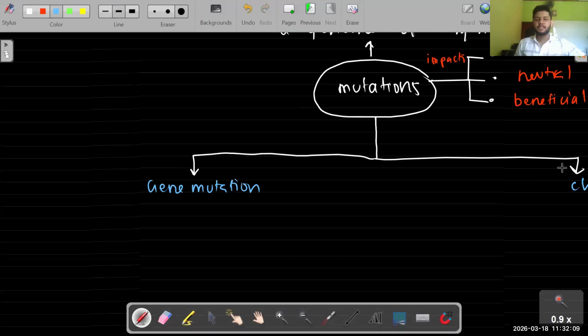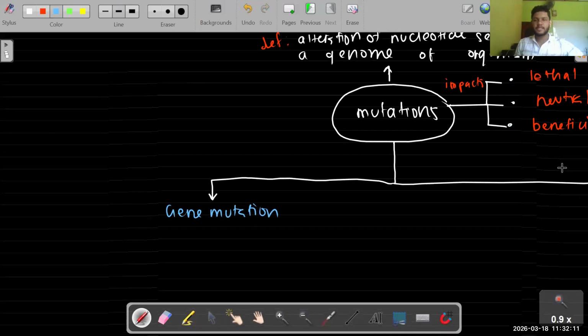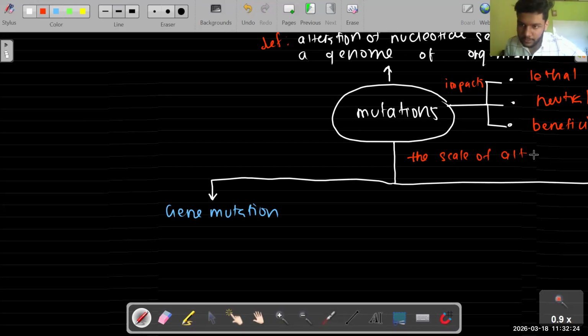Now these mutations are classified based on some aspect. Can you remember? Mutations are classified based on the scale of alteration of genetic material. That means how the mutation alters the genetic material.